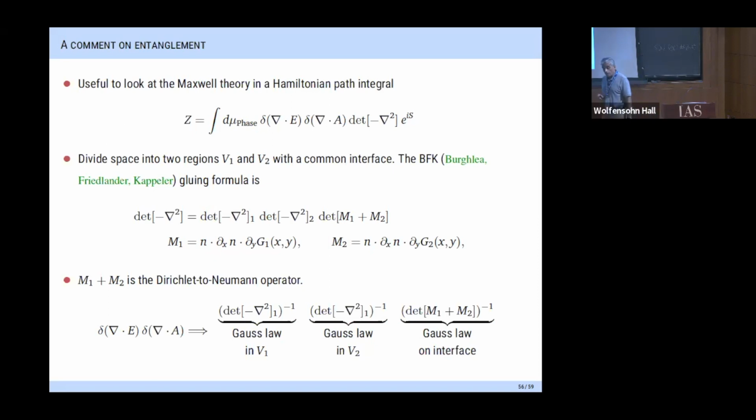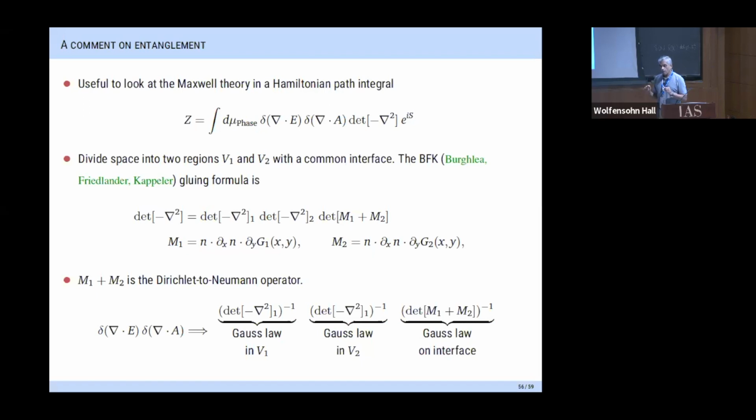Yeah. This final determinant term, the determinant of M1 plus M2, is it specific to 3 dimensions? No. Sorry, I should say the BFK formula is very general. You start with any Riemannian manifold in any number of dimensions, and for simplicity, I will take Euclidean signature. Then think of hypersurfaces which can divide it into any number of regions.